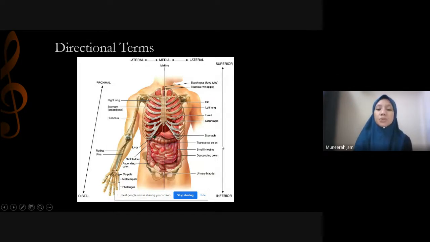Kalau structure tersebut dia letak di bahagian bawah badan ke arah gravity, itu kita panggil inferior. Kalau dia mendekati kepala, kita panggil superior, atas. Inferior bawah, superior atas. Okay, and then what we have as proximal and distal is also the same thing. Proximal mendekati bahagian kepala, manakala distal mendekati your toe, jari kaki.